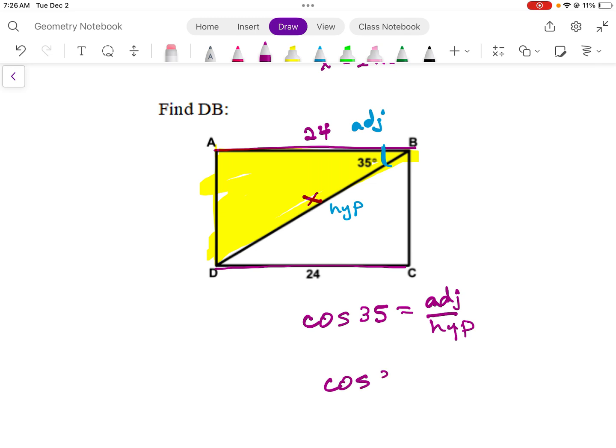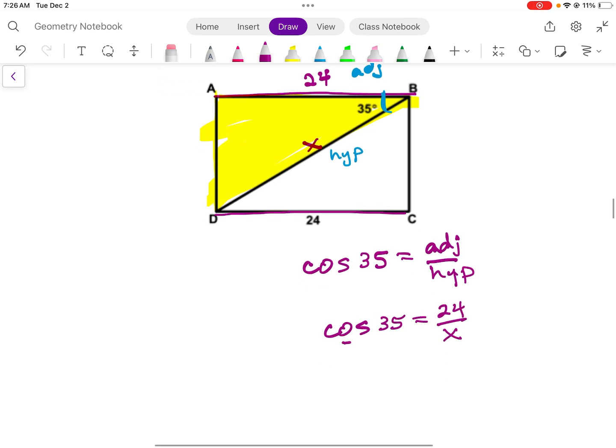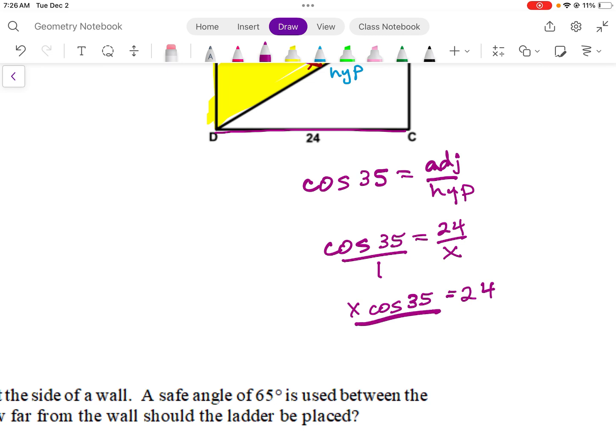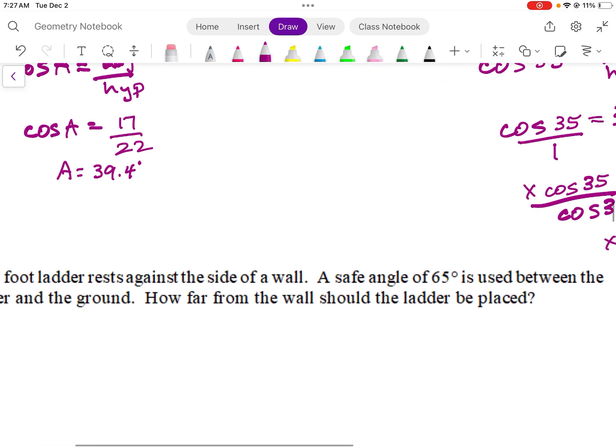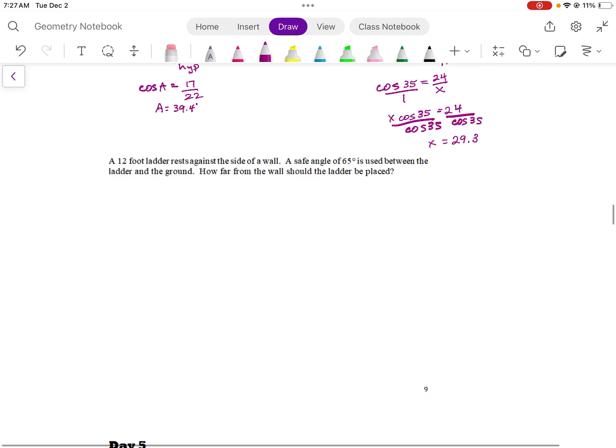So the cosine of 35 is 24 over x. Cross multiply. X cosine 35 equals 24. All those properties that we learned with quadrilaterals may come in handy. So 24 divided by the cosine of 35. My calculator says x equals 29.3.